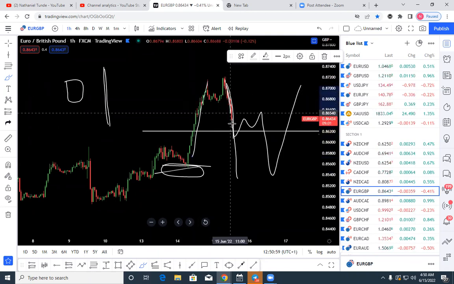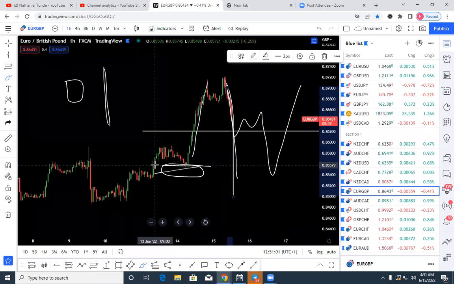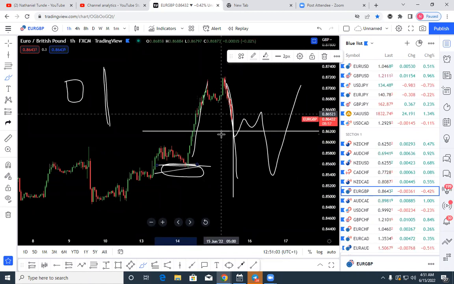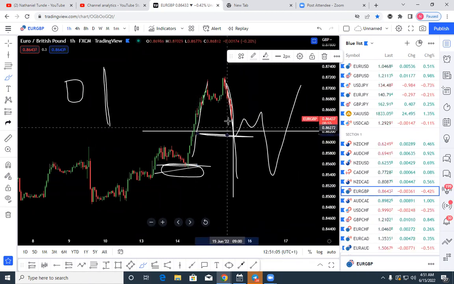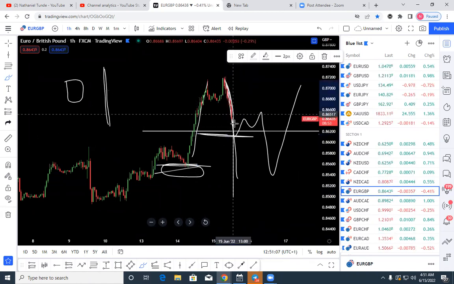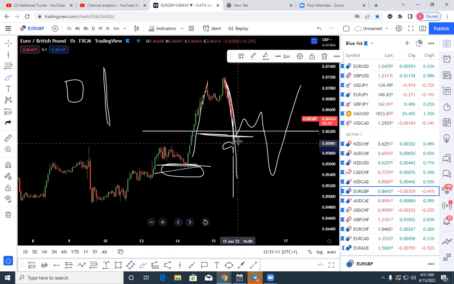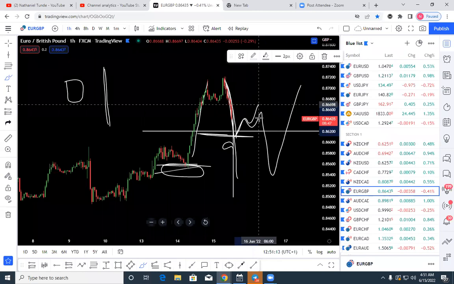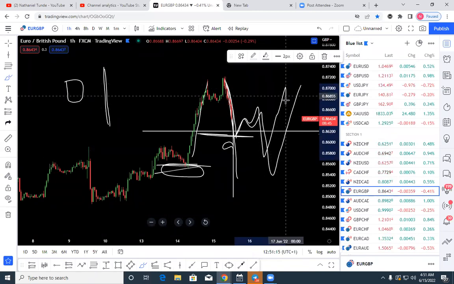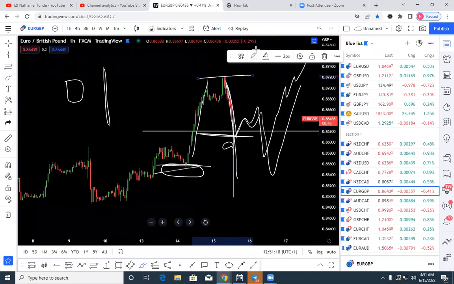If that 1 hour does not break this low, guys, the implication is that this move might just be a wave A of a correction. Move down for more upside to break this top. Are you getting the gist now?